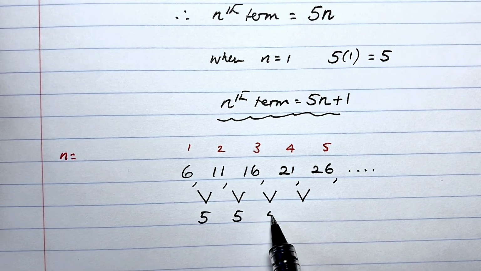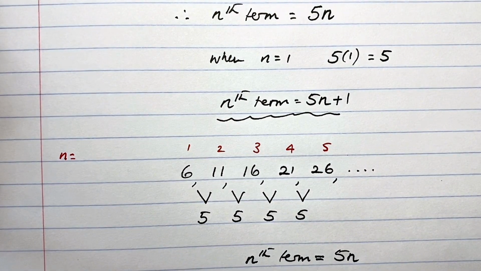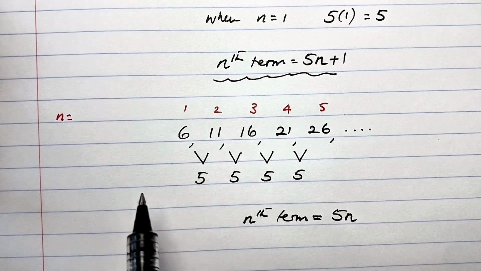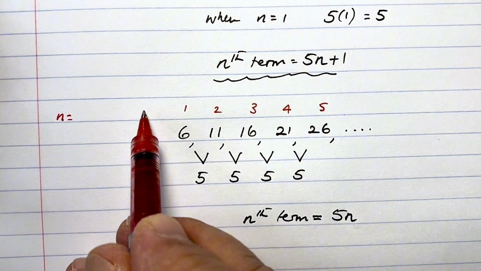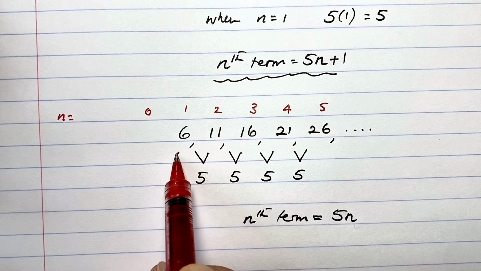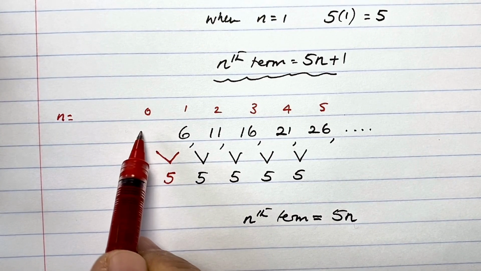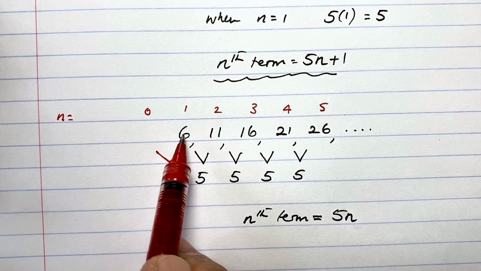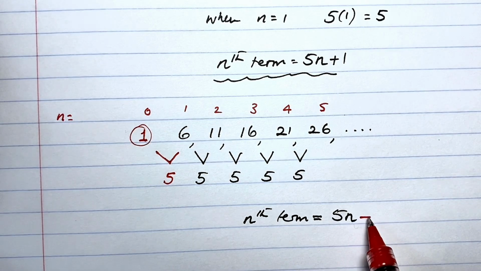Instead of checking to see whether this nth term 5n is complete or too much or too little, I go and find the 0th term, term 0. It means I am going to go back one step. What number, when I added 5, gave me 6? 1.